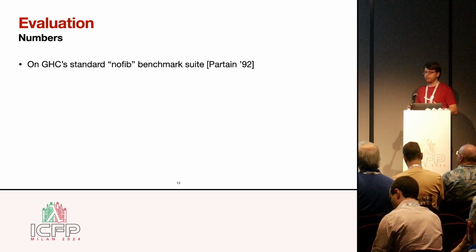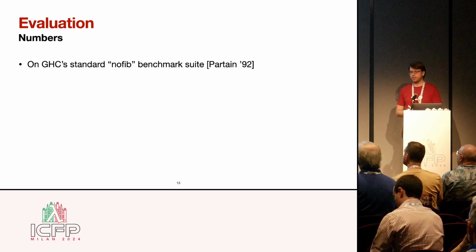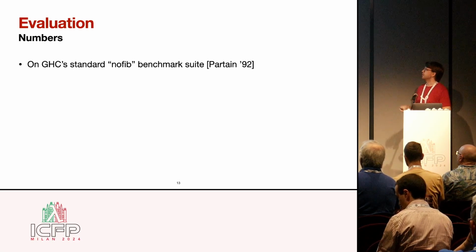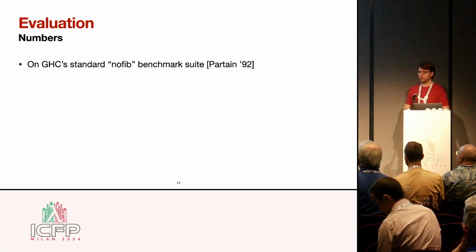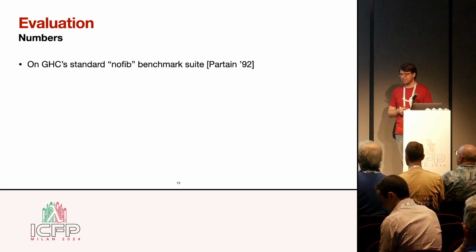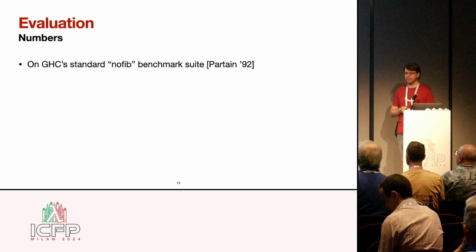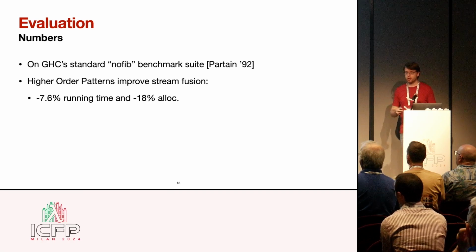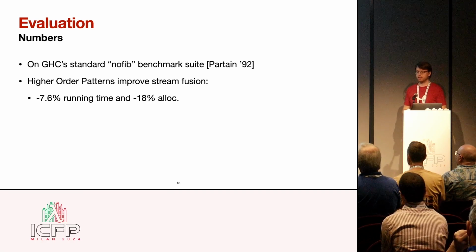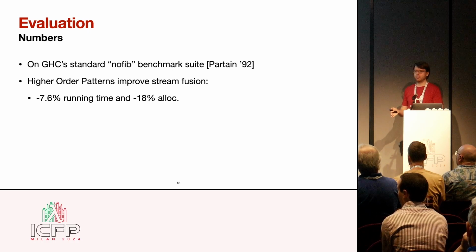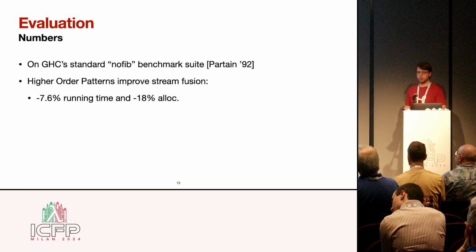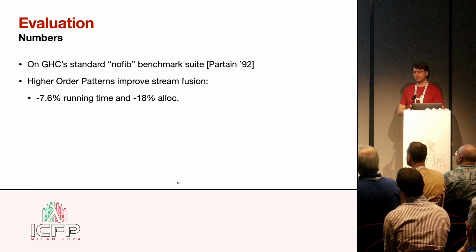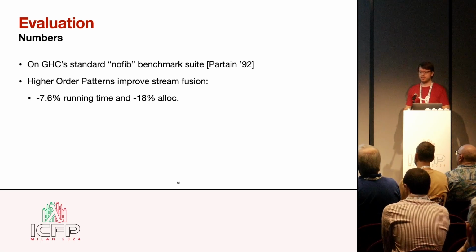I've evaluated this new implementation on GHC's standard nofib benchmark suite introduced by Partain in '92, and of course this has evolved over time. The results show that higher order patterns on my stream fusion framework, the new additional concatMap rule, improve performance by 7.6% in running time and 18% in allocations.